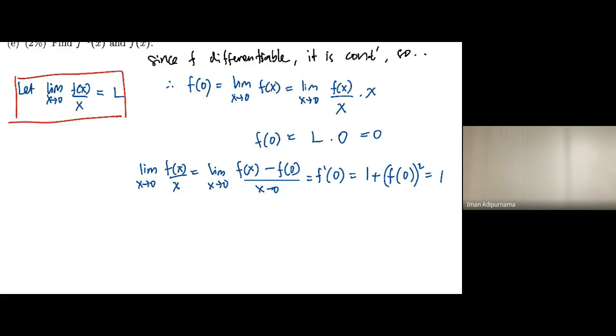We plug in 0 and get 1 plus f of 0 squared. f of 0 is 0, so this is 1. So the limit of f of x over x is 1.